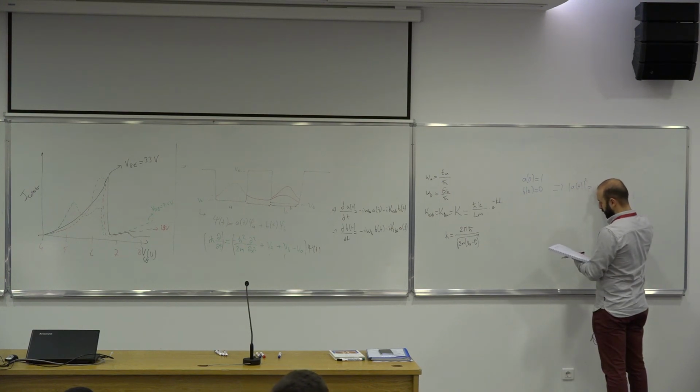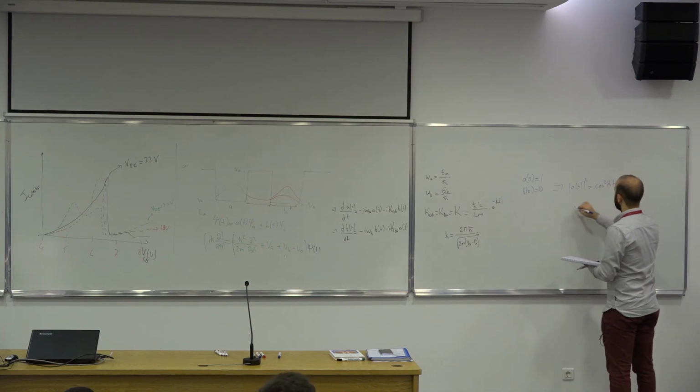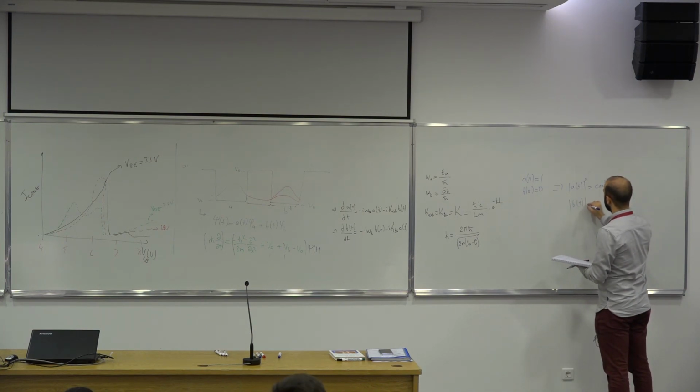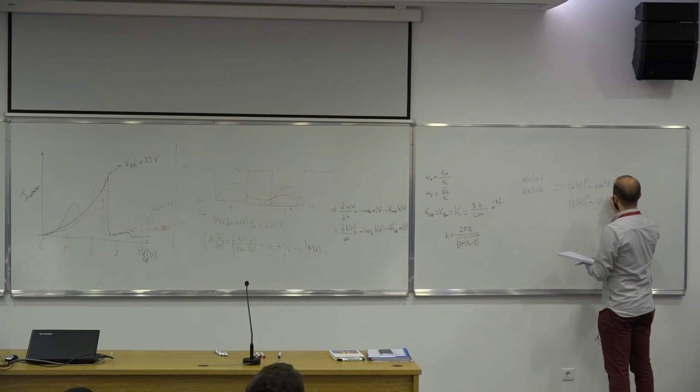The amplitude squared is going to be cosine squared kappa t, and b(t) squared will be sine squared kappa t.